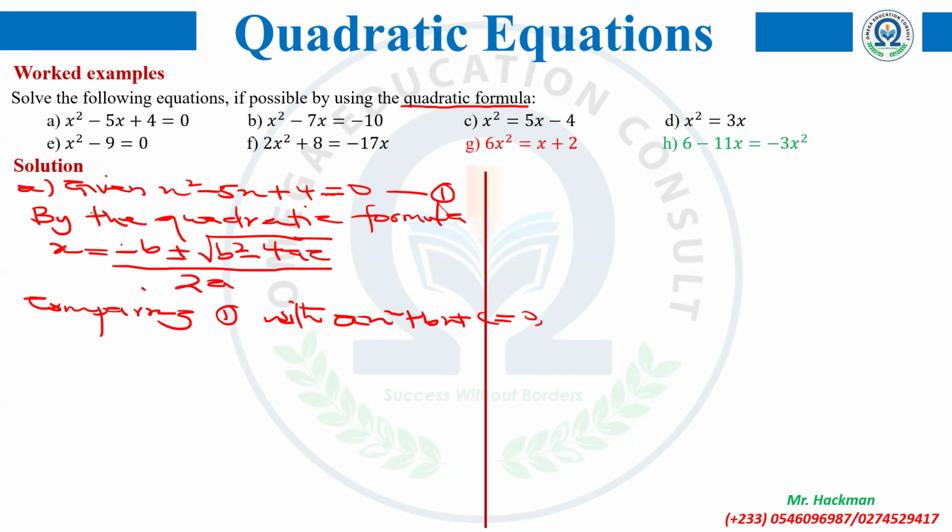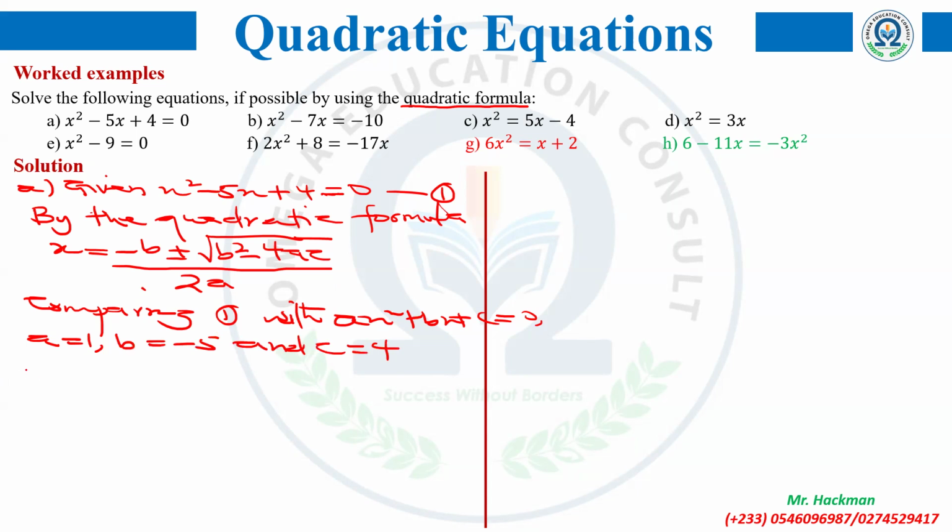A is the coefficient of the s squared here, so a will be equal to 1. Remember, I've told you this will not be the ideal, since this is the first example. I want to better your understanding here before we take out what we can later. So b will be the coefficient of x, so b is equal to -5. And c is equal to the constant there, which is 4.